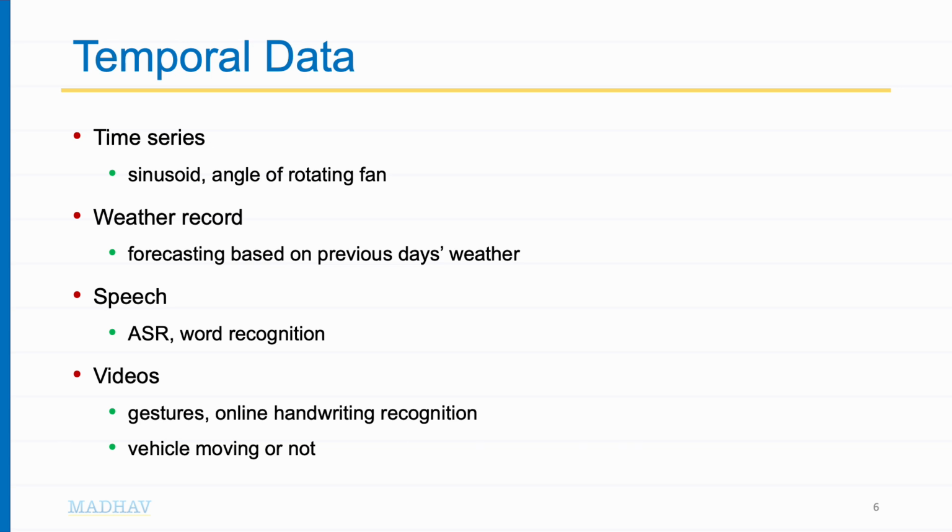Weather measurements or weather data is all time series. Speech, as you saw in the example, a drum playing, is a time series of samples. Videos: any video is a series of frames. Each frame is like an image, right? And from there you can do so many analyses, or you can also generate videos.